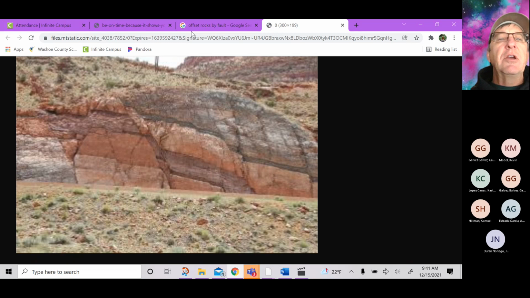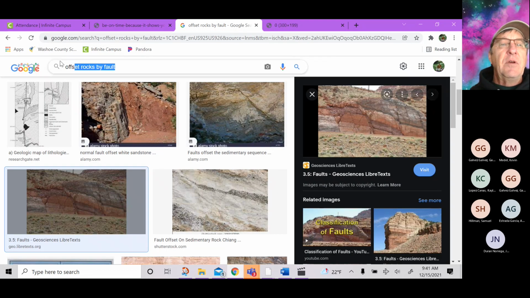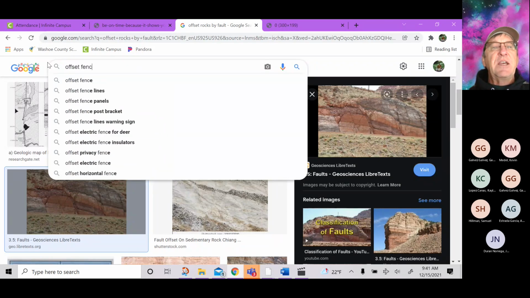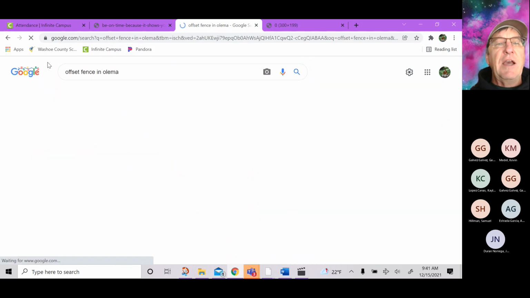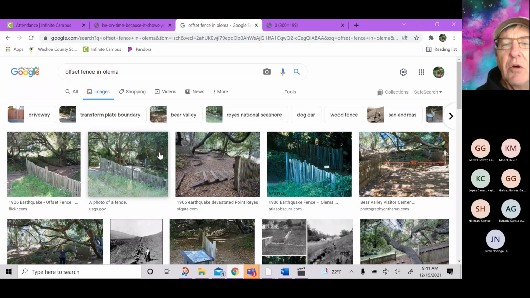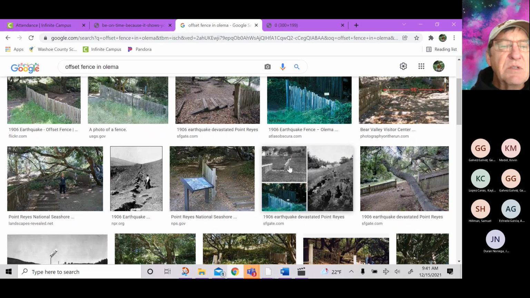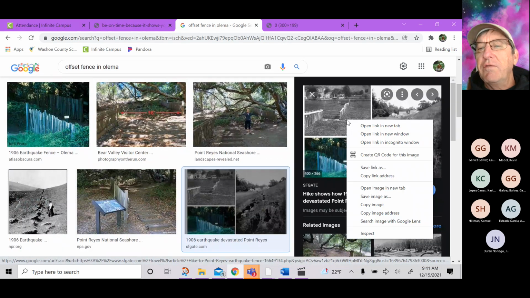And there's a place where you can go to see this. I'm going to do another search over here. It's the offset fence just north of San Francisco, at a place called Olema, where this fence that was built before the 1906 earthquake, you can see here how much it moved during that earthquake.